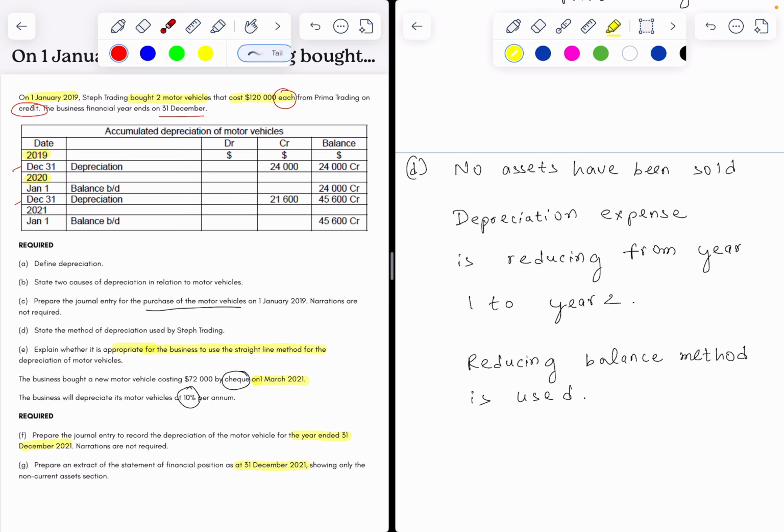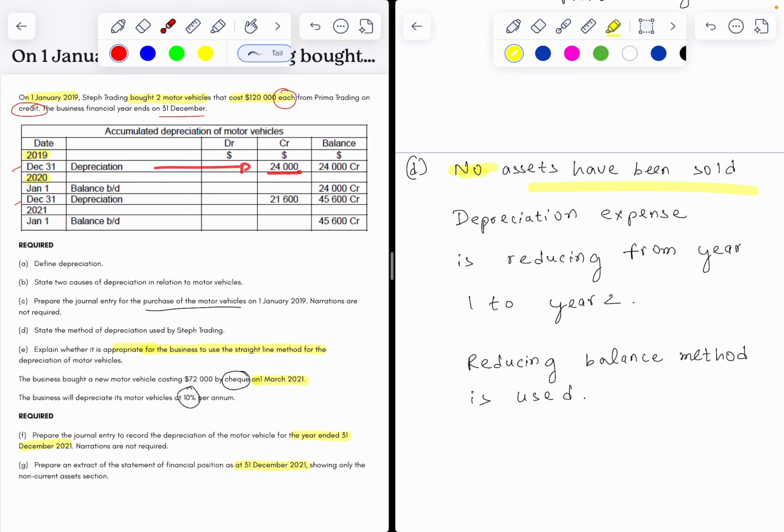All right. Now, we clearly understand by going through the question so far that no assets have been sold. And if you were to carefully look into the ledger account for accumulated depreciation, you will see that at the end of the first financial year, which is 31 December 2019, the depreciation expense recorded is $24,000.